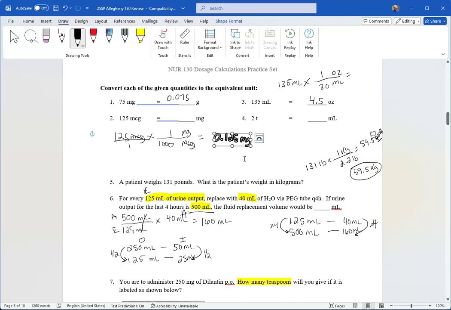Do not round those. You will round though if we need to, like in the example I did here. If I take my 131-pound patient, divide by 2.2, I'm going to get 59.545454. You do round that to the nearest tenth, 59.5. Some students, and I don't know where this came from, have been taught to round it to the nearest whole number. As far as I know, you don't do that.